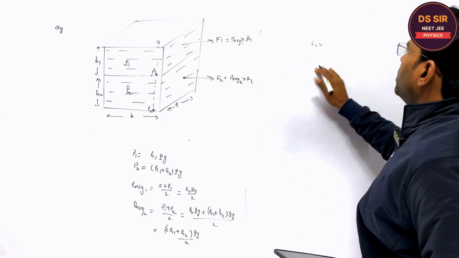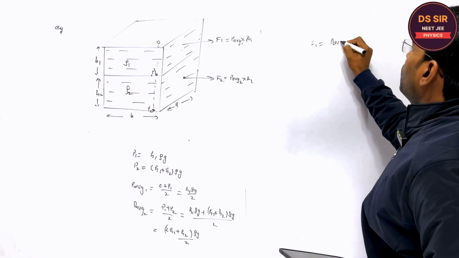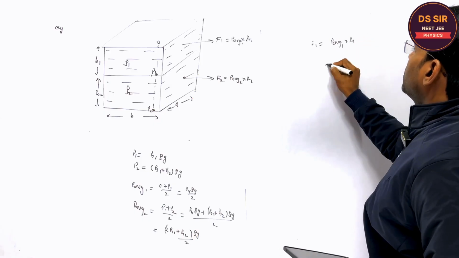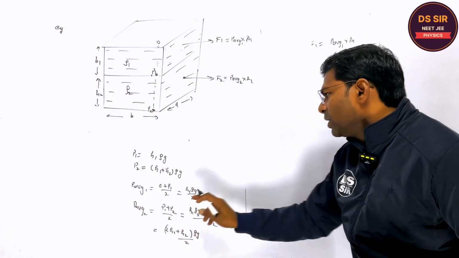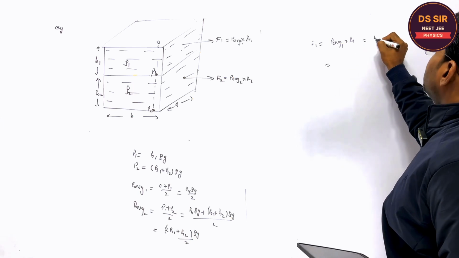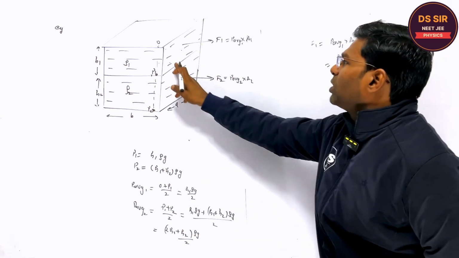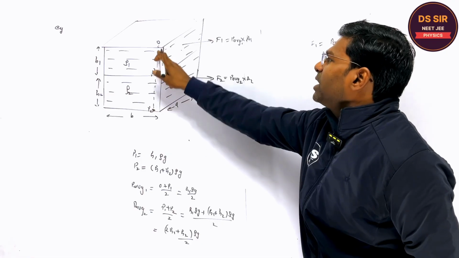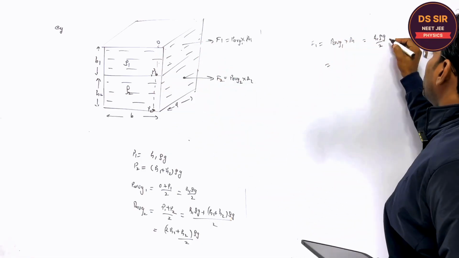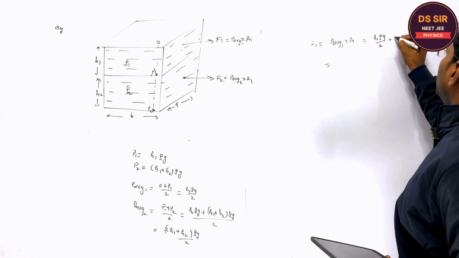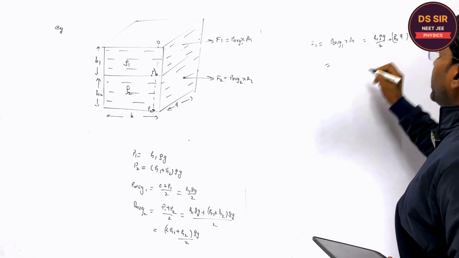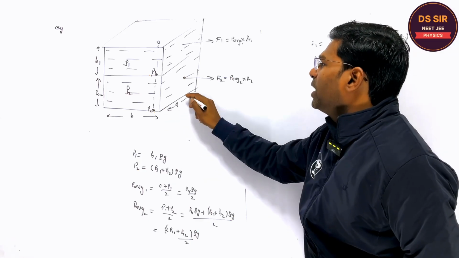F1 is equal to P average 1 into A1. P average 1 is H1 rho G by 2. The area is H1 into A. I assume this side to be A, right?